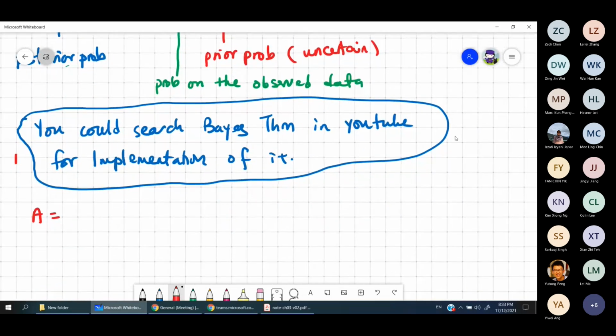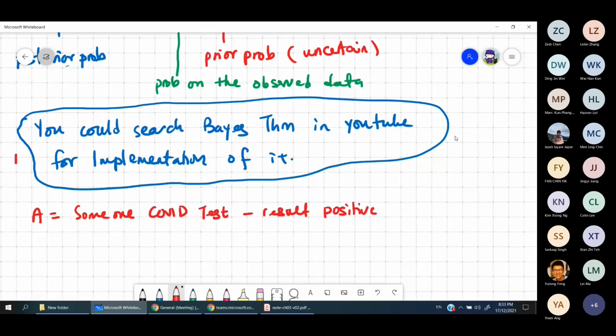For example, let's say the event A is someone doing a swab test for COVID. Someone does a COVID test, and then the result is positive.